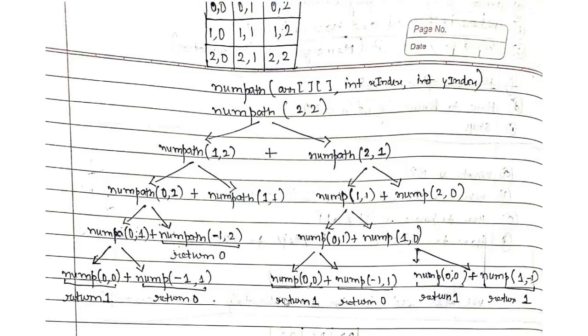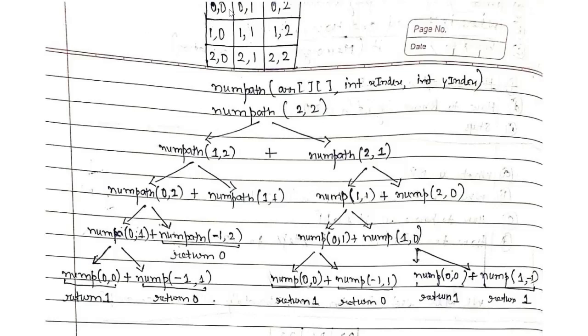So what do we see over here? Now suppose we are again returning one over here, so it means we would have got a path. And what is this path? This path is (0, 0), (0, 1), (1, 1), (2, 1), (2, 2). So this path in my recursive tree, if I map it onto the matrix, is this path: (0, 0), (0, 1), (1, 1), (2, 1), (2, 2).